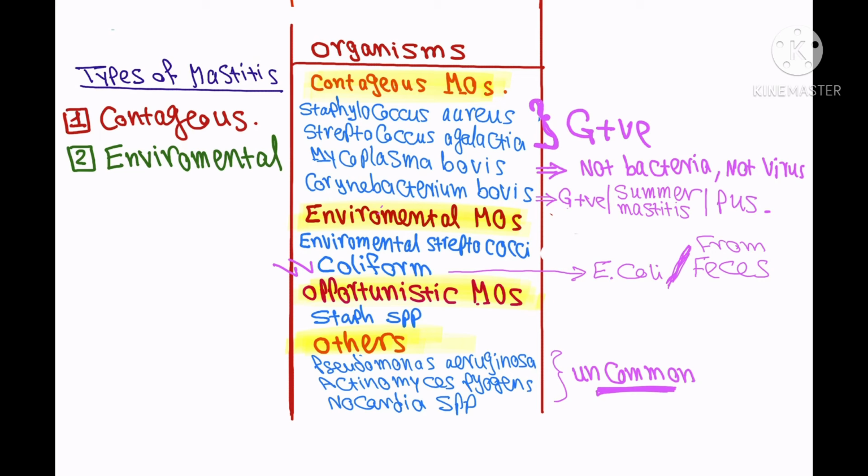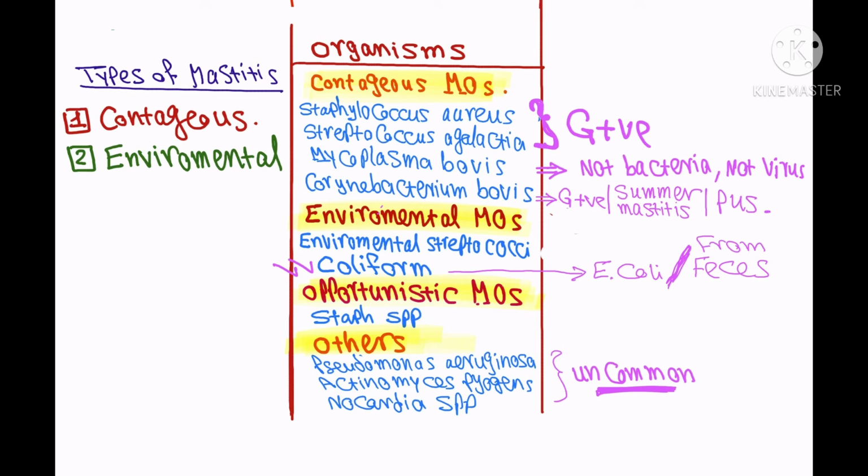The important question is, what are the most common microorganisms that cause mastitis? It's very important to know the types and names of the bacteria that cause mastitis, because knowing the microorganisms is very important for treatment steps.